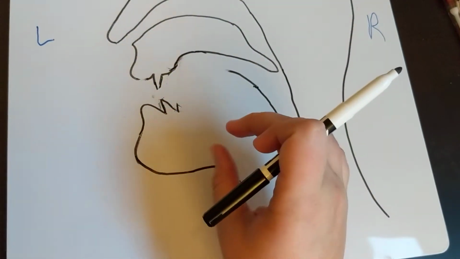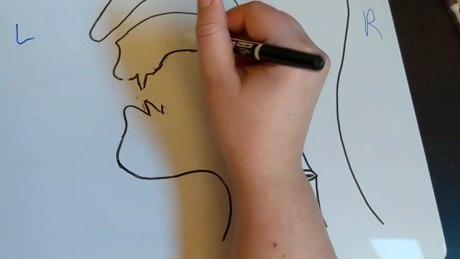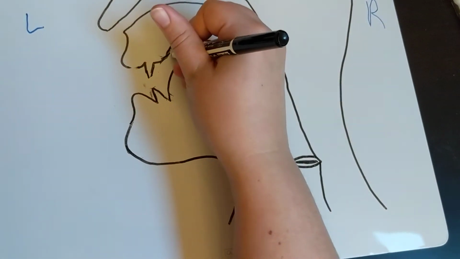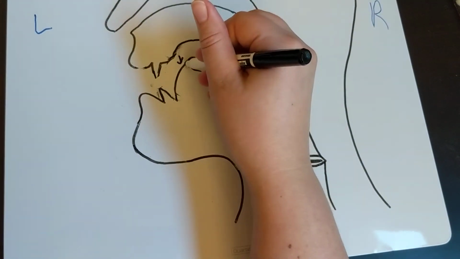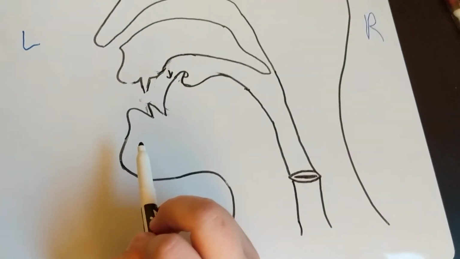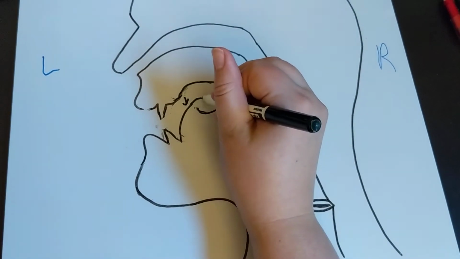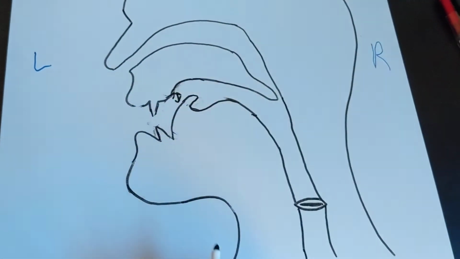So retroflex sounds are made on the alveolar ridge or near the alveolar ridge usually, but they're made using the back of the tip of your tongue, right? So it's this part that comes close. So you end up with a sort of a funky little shape, that's an exaggeration of what a retroflex sound looks like, right? But you bend your tongue over backwards, sort of, in order to touch this part to your alveolar ridge.